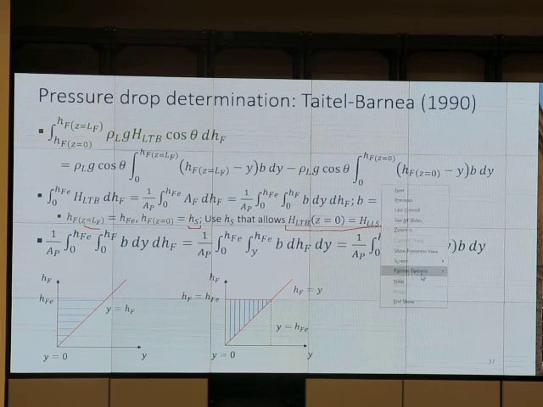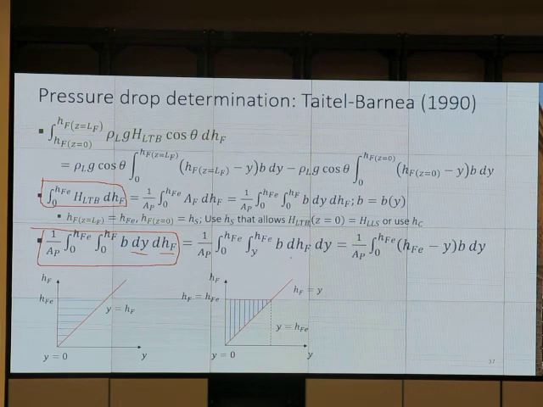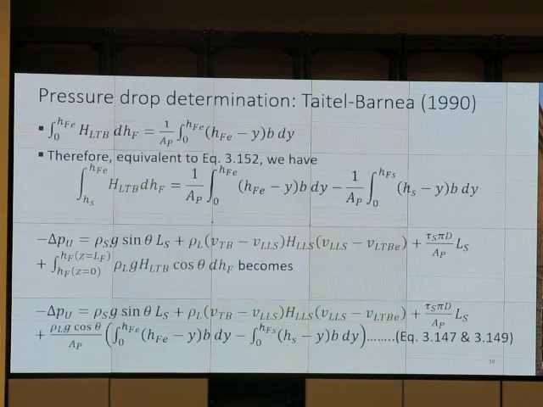Now let's do some trick on the integration. For that integration, h_LTB dh_F, I have integration with dy dx. Now I can swap it and make it dh dy. But the integration limit has to change. It becomes that. With this, substitute it back, it explains the difference in the equation.